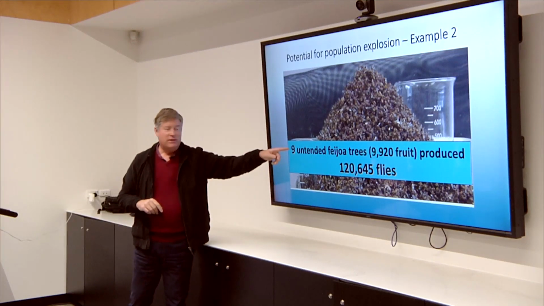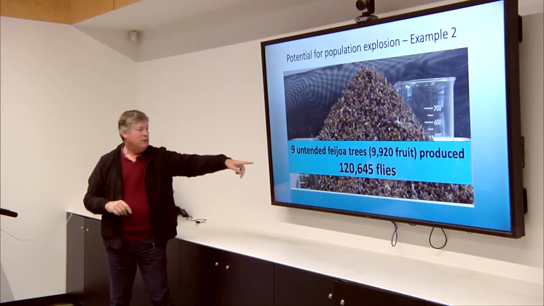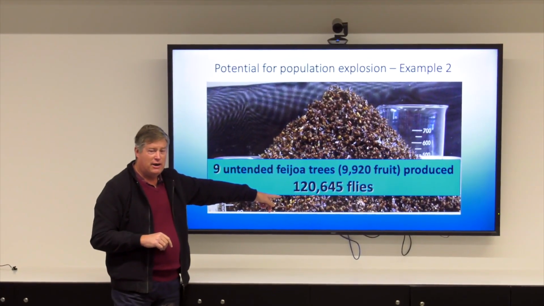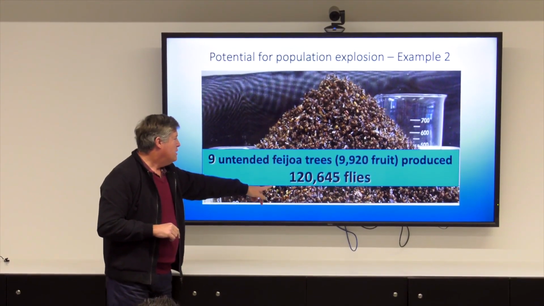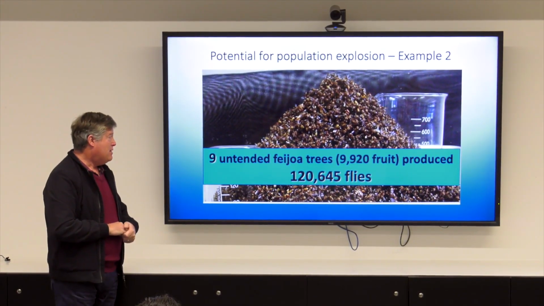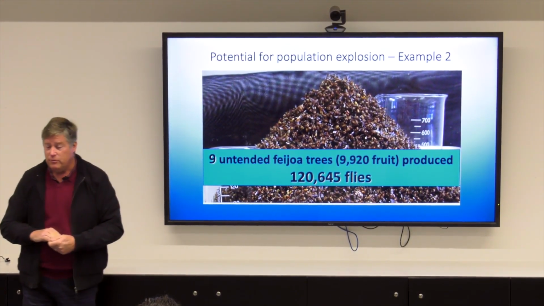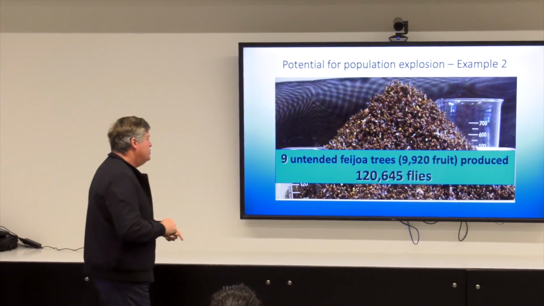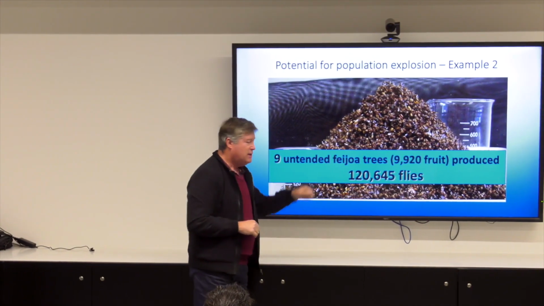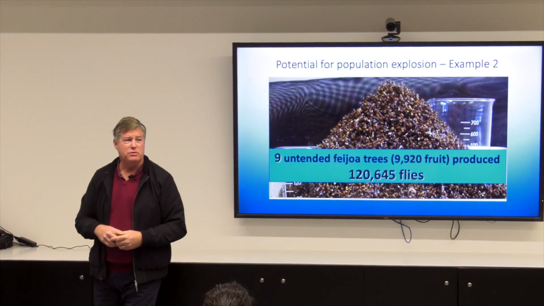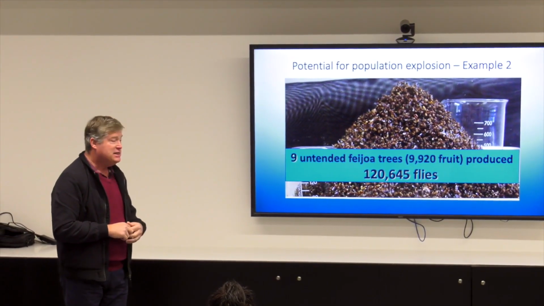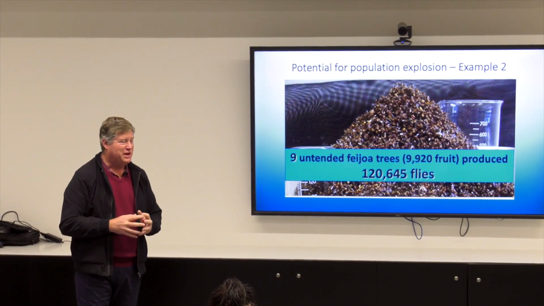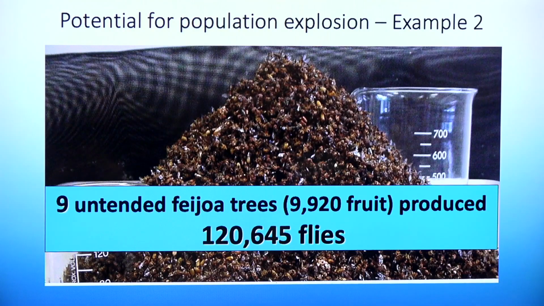I collected 10,000 fruit, and out of them I got 120,000 adult flies, which means that crop, which hadn't been sprayed or stripped or anything like that, produced over that season 120,000 flies, half of which would be female. So what's that, 60,000 females possibly out there and spreading into the next orchard. So another horror story, I would say.